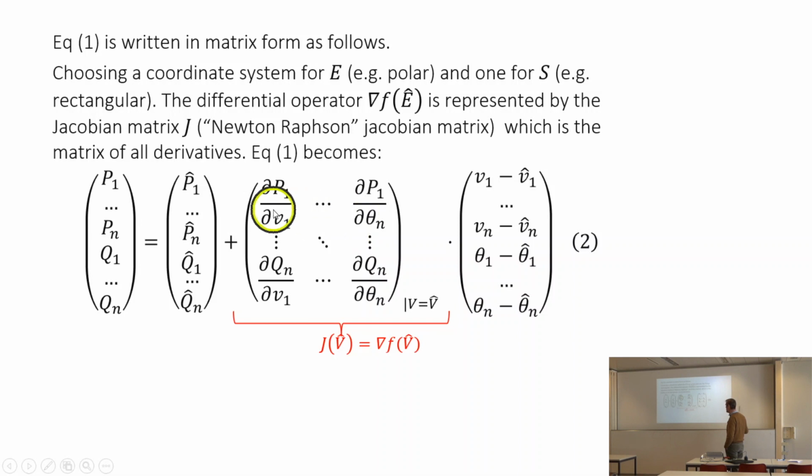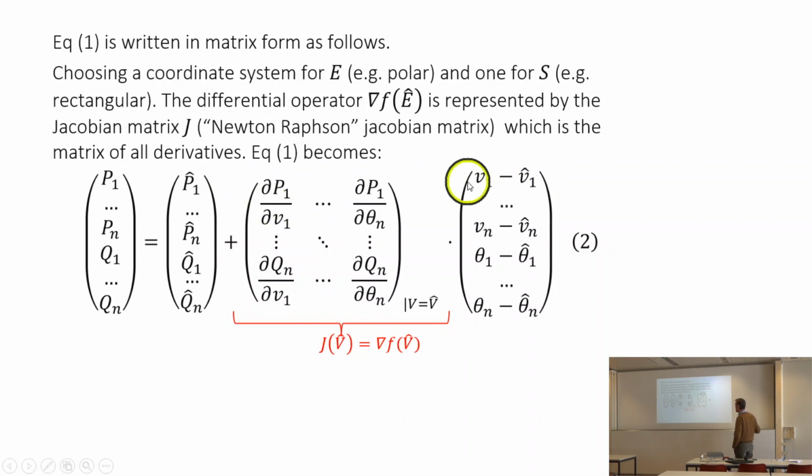So if we use this, then the matrix here, that's the differential of F, is given by all the partial derivatives. For example, on the first line is what gives me the active power injected at node P1. Then it's a linear combination of this times that. So if we analyze, it means the active power injected at node P1 is dP1 over dV1 times V1 minus V1 hat.